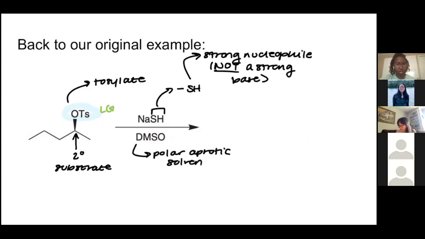So based on what we know, this polar aprotic solvent, the secondary substrate, what do you guys think might be happening here? Feel free to say in the chat or say out loud. Just shoot something out.